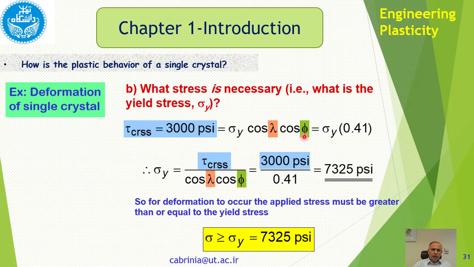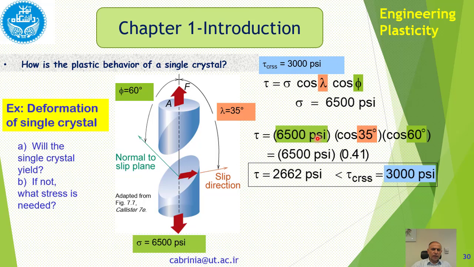The reason I say certain plane is that on this plane and this direction, a slip occurs. If we change the plane and direction, we don't get this number, and then we need a higher stress. So that's why for this plane and this direction, a slip occurs, because the force reaches a certain value that occurs on this plane and this direction.